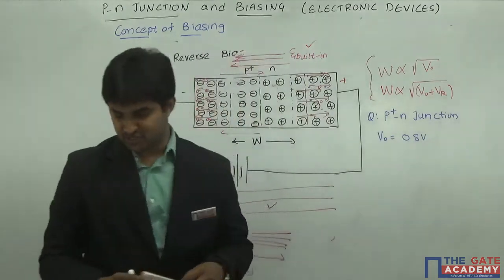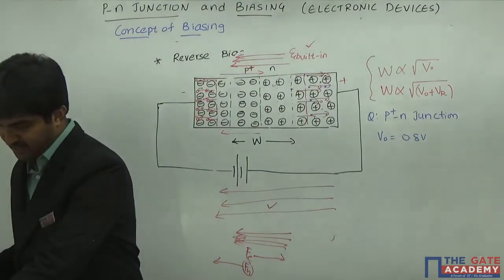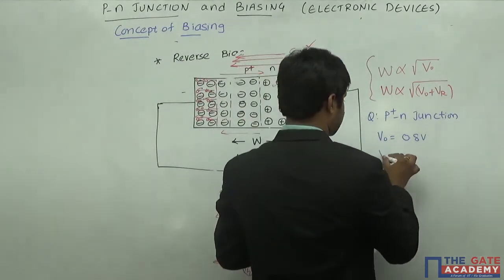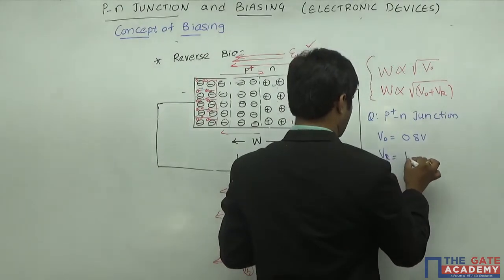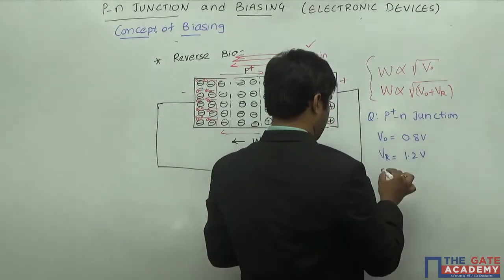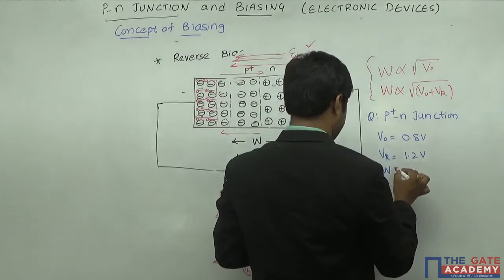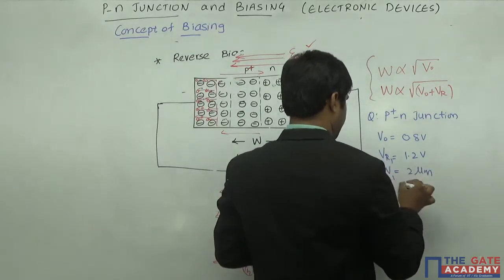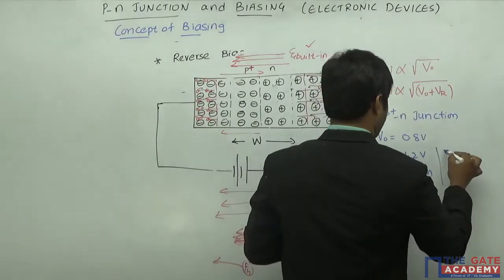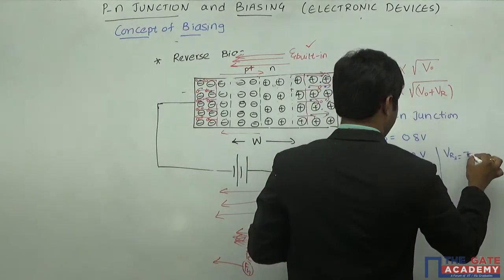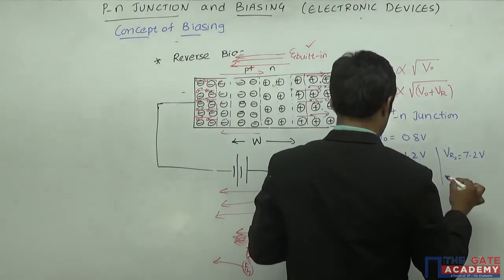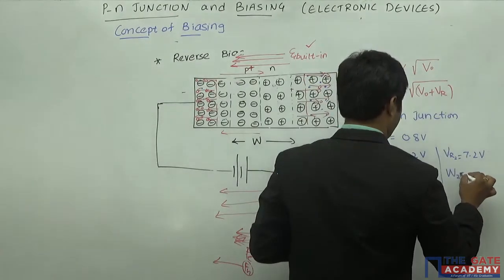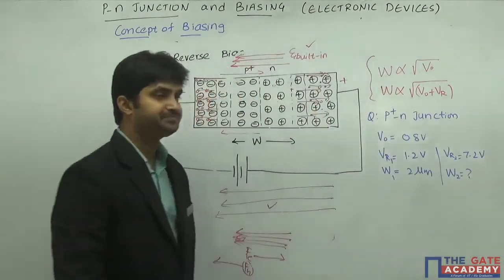The reverse bias that is applied is 1.2 volts, and the width of the depletion region correspondingly is given as 2 micrometers. Now when a reverse bias of 7.2 volts is applied, what is going to be the width of the depletion region? This is the question.